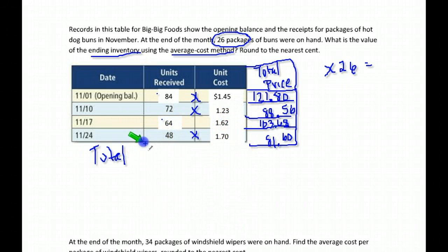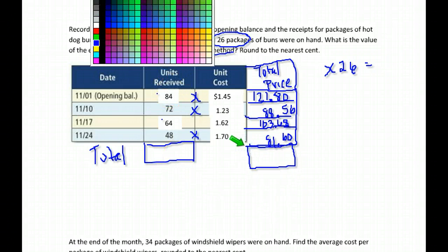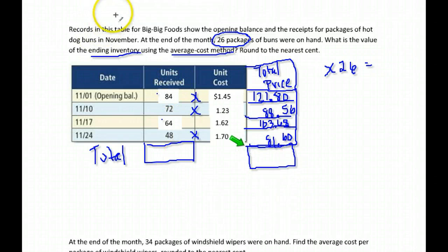Now we need to total these 2 things here. We need a total of items we've received and a total of all of those costs together. So let's total our items that we've received. Okay, so we add the 84, 72, 64, and 48, and we get 268 total items.